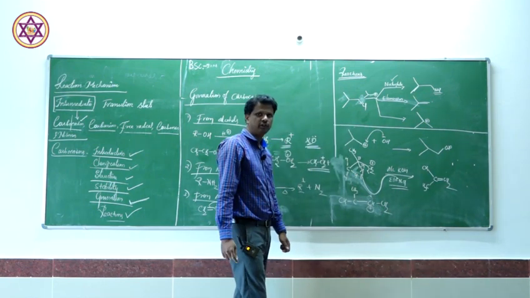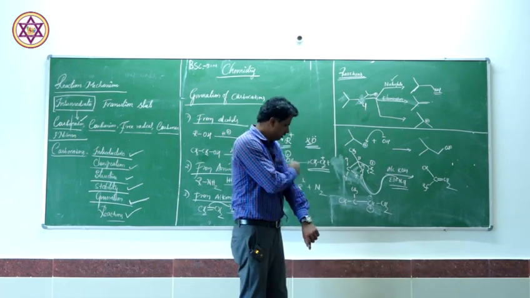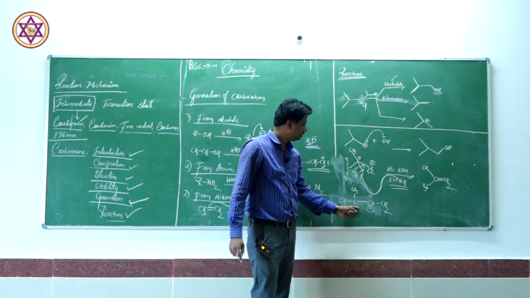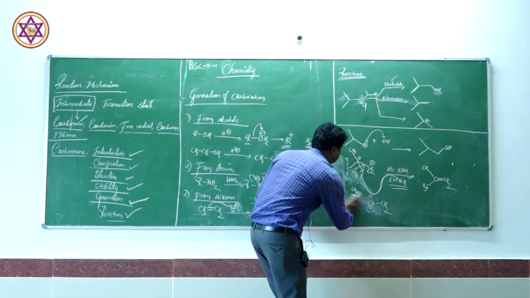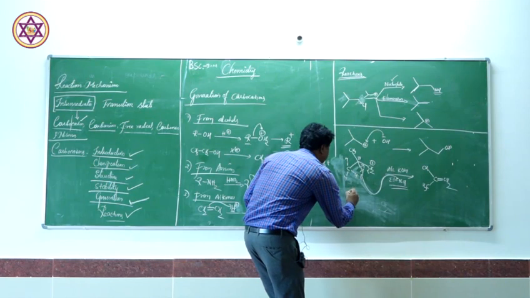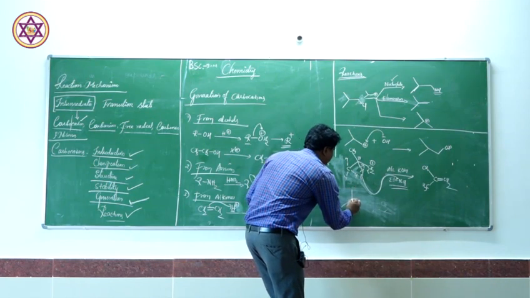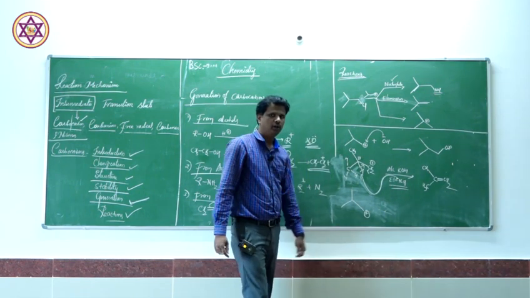Okay, let us try to understand how things work. Now let us assume this is the compound we are talking about. Let us take the simplest example, not Markovnikov this time. Let us take this carbocation itself.